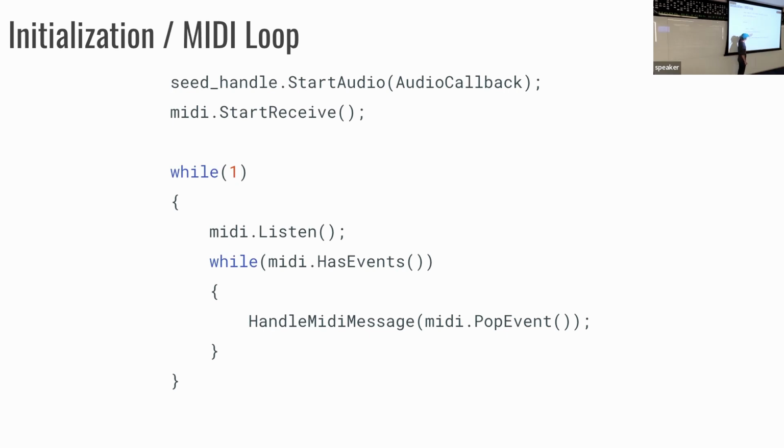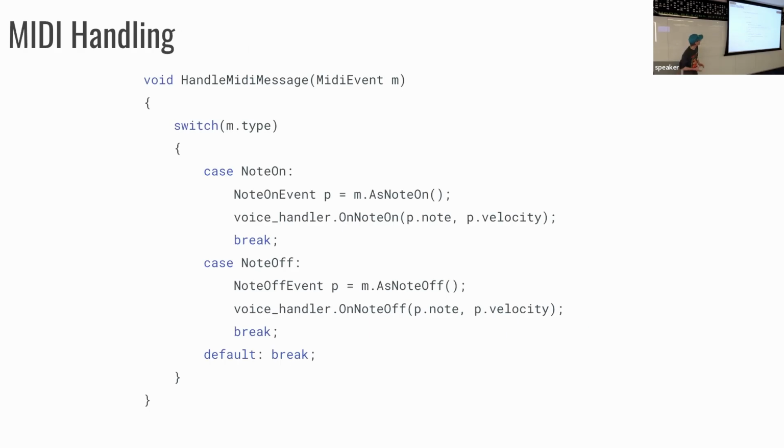And if it has, we will be populated with MIDI events and pass those in to a very simple handler here. This handler only deals with two types of notes. So if someone says, I want you to do a trombone sound, we drop it on the floor.